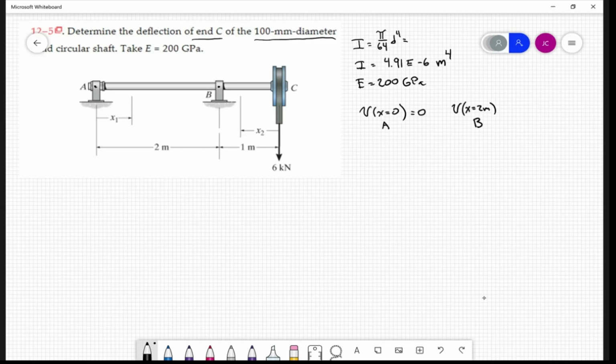That's point B. That also is equal to 0. Okay, so those are our two boundary conditions that are going to allow us to integrate from the moment to the slope and then from the slope to the deflection.